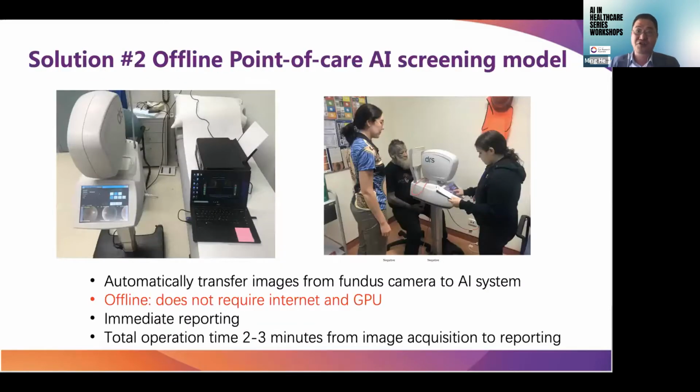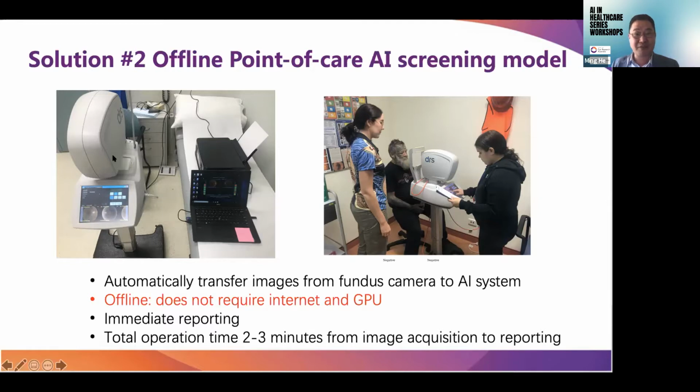And then in Australia, we developed a point of care offline solution. This is very important because we try to deploy this in remote indigenous areas, which often don't have a very reliable internet connection. So we made this CNN, or neural network, very light. It can be run on a normal CPU, a very normal laptop.